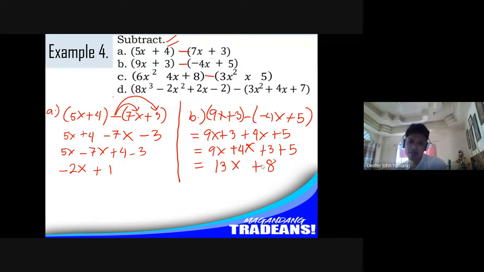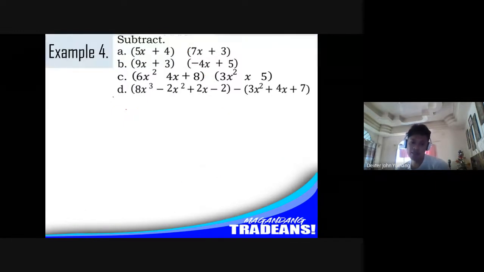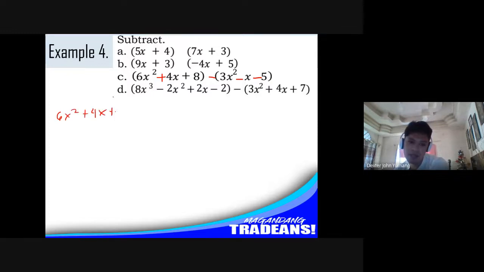Okay, proceed tayo sa letter C. For the letter C, we have plus, then dito minus, then dito minus, then dito minus. So, ibig sabihin po niyan, we have 6x squared plus 4x plus 8, yan na po yung given, minus 3x squared minus x minus 5.